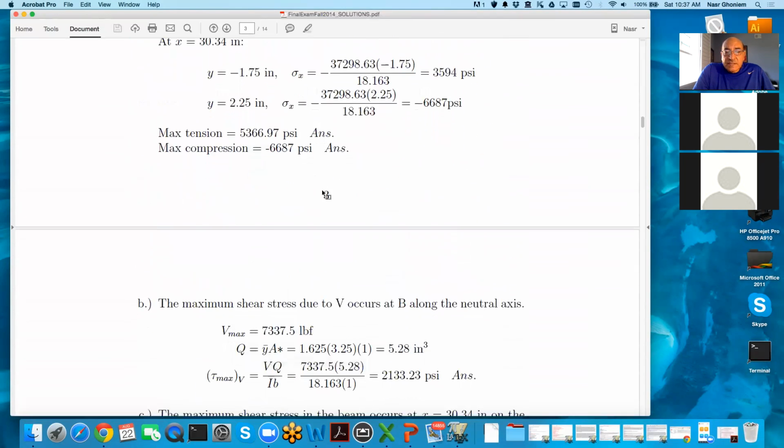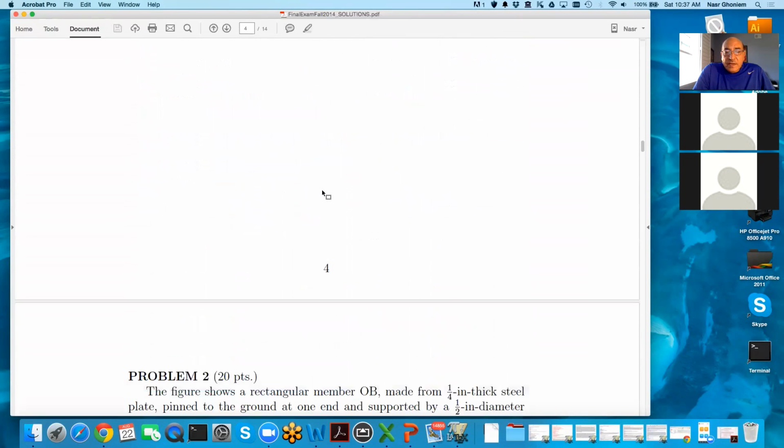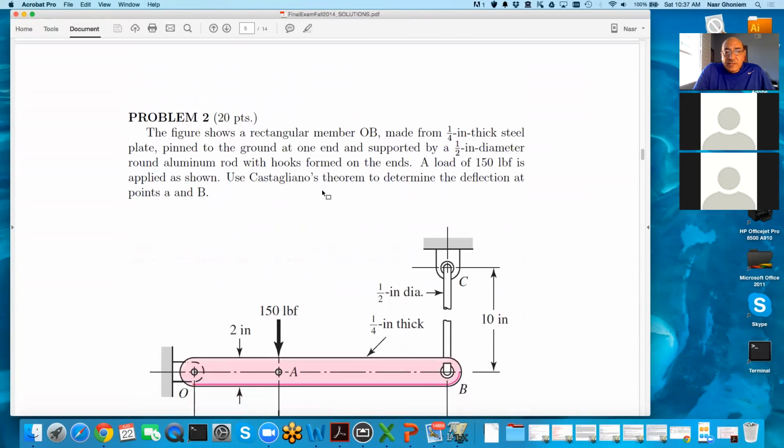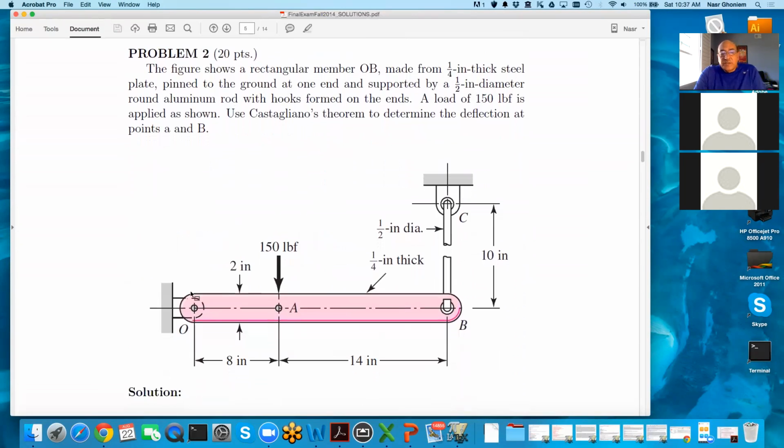So that's this question. Next question, if you see here, we have a rectangular member OB, and it's like a rod that's a 1/4 of an inch thick plate, and is pinned to the ground here and supported by 1/2 inch diameter aluminum rod. So it's aluminum, the CB.